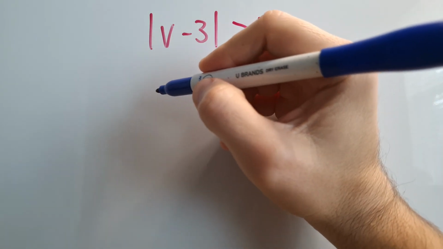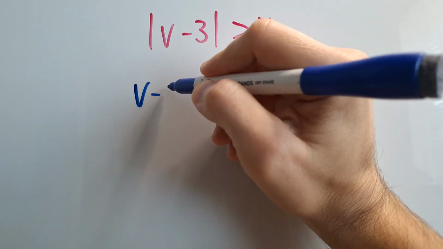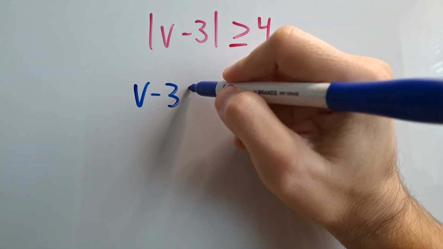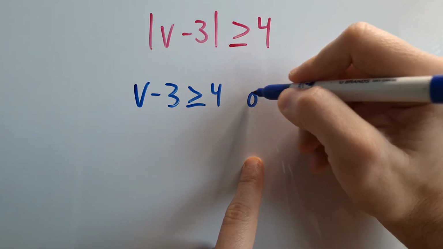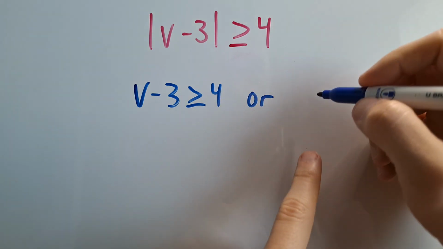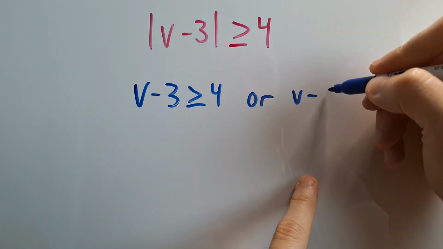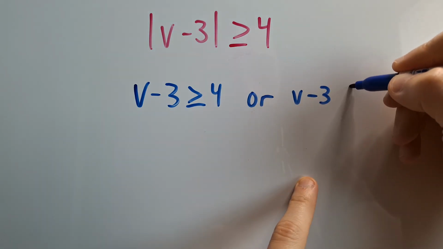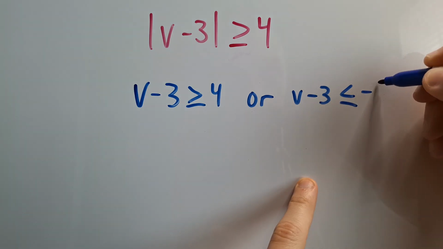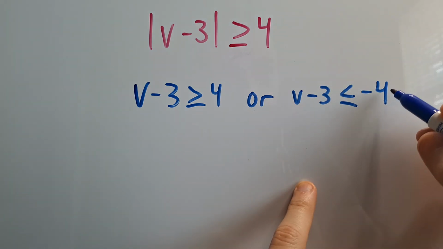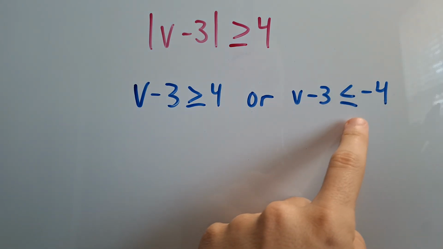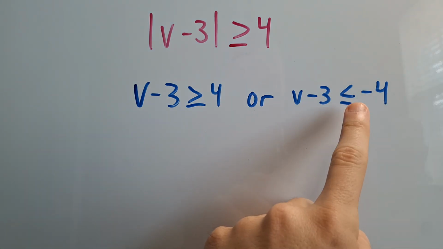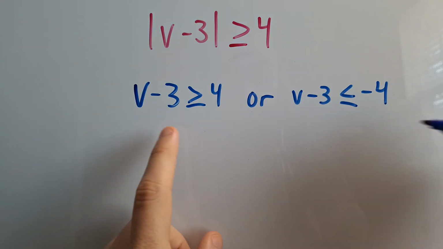What we do is write out the first solution, and then we account for this being true, or the opposite of this number, so it's negative, and then switching the sign to less than or equal to.